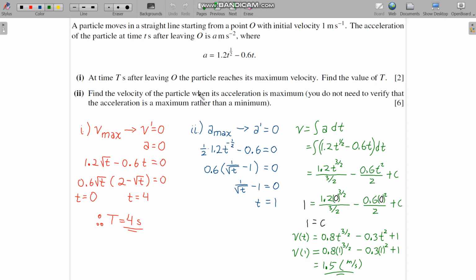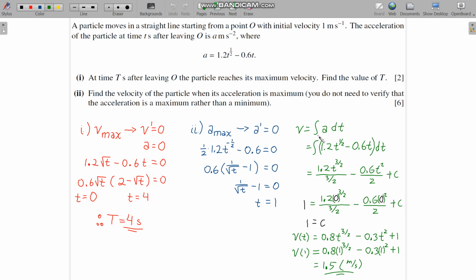Now find the velocity of the particle when its acceleration is maximum. When the acceleration is maximum, a prime equals 0, so we need to differentiate a. We have this, solve for t, we have t equals 1. So when the time is 1, the acceleration is maximum.